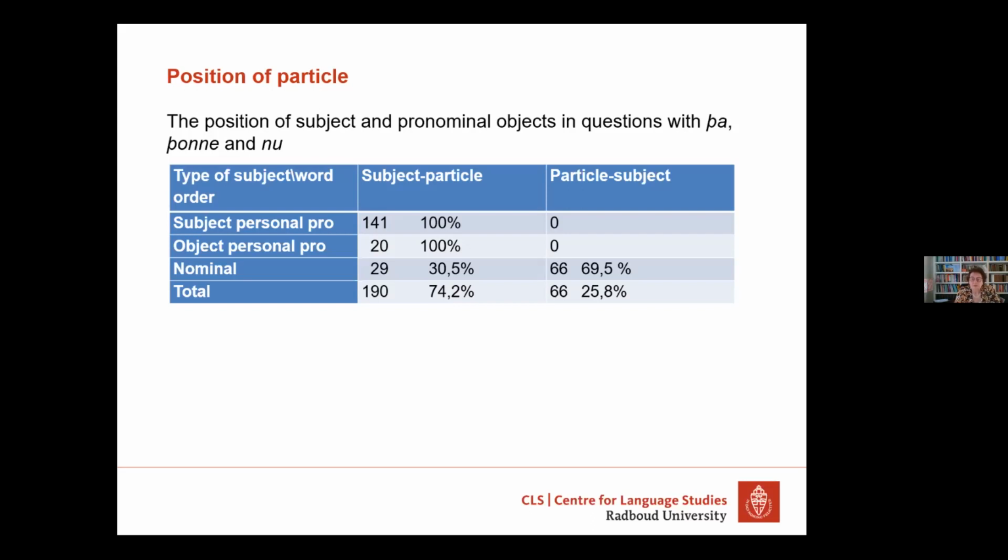And so that gives you substantial numbers, as you see, and what you see is that personal pronominal subjects always precede the particle. There's the multiple subject position effect that people working on the history of English are familiar with. Optionally, personal pronouns can occur there as well.